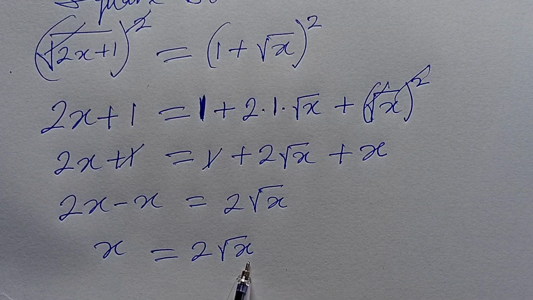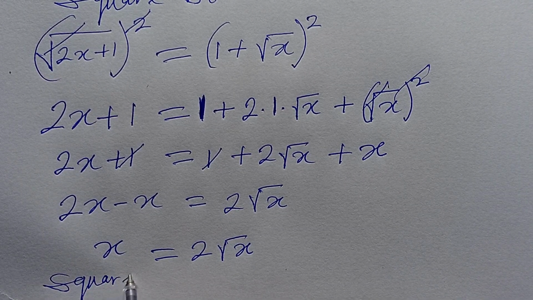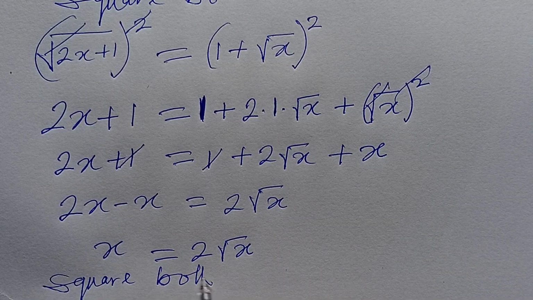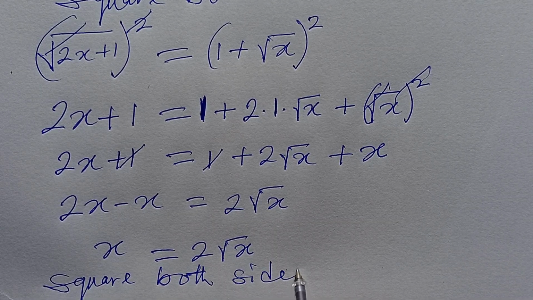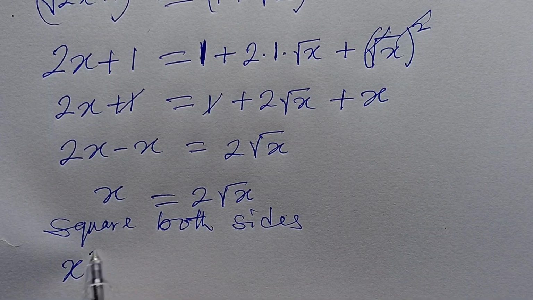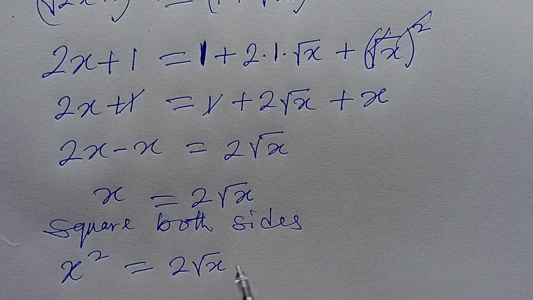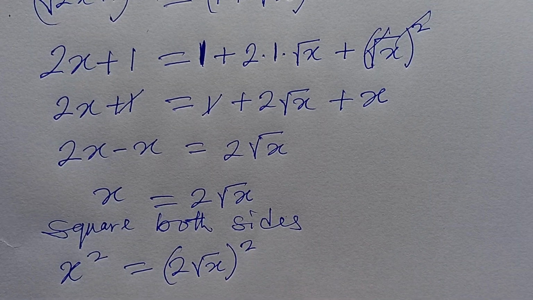We still have another radical here. So we square both sides again, to eliminate this radical. So we're going to have our x squared equal to 2 root x all squared.